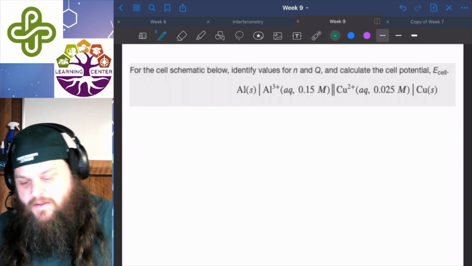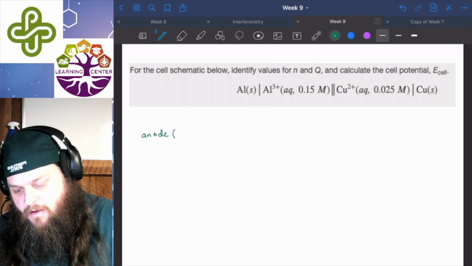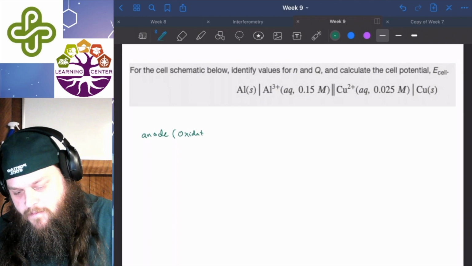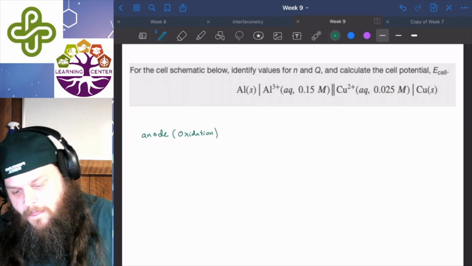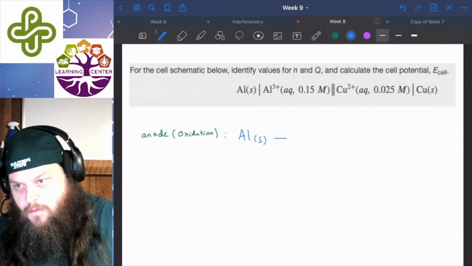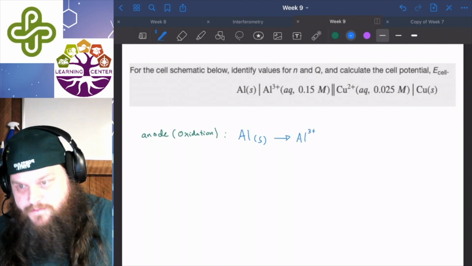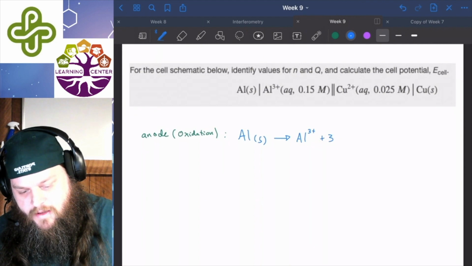So if we were to write out the half reactions, the anode, which is the oxidation, would be the aluminum solid producing aluminum 3 plus and 3 electrons.